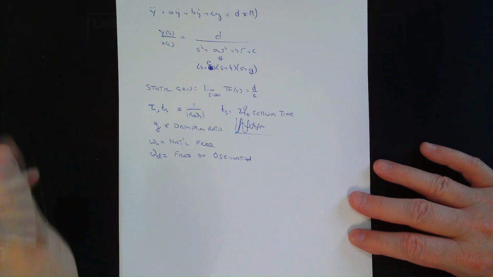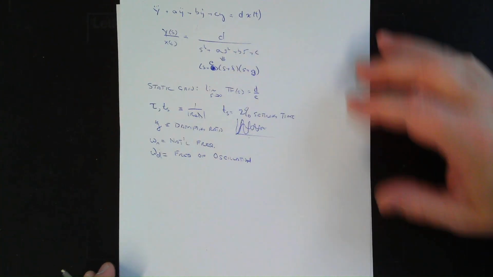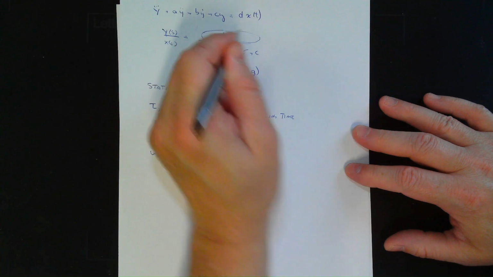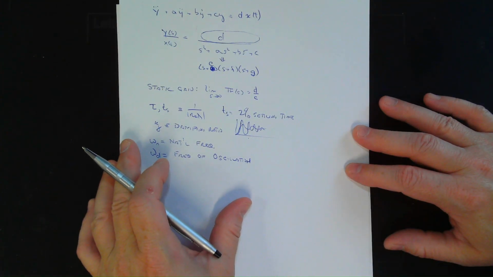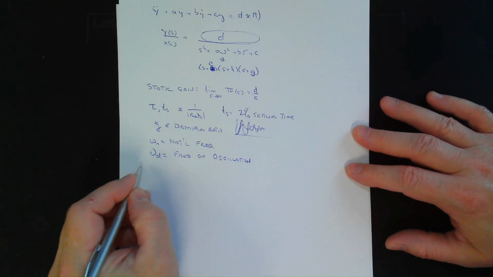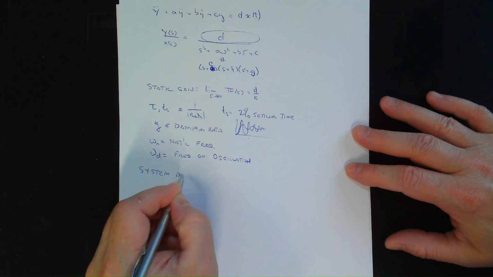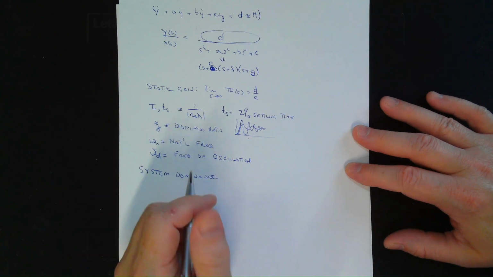All right. Now, what I want to get into next is starting to understand what's happening in the top part. So if you look at everything we've had here, we also have one other term we have to have, and I'll just call it system dominance. All right, what is that referring to?